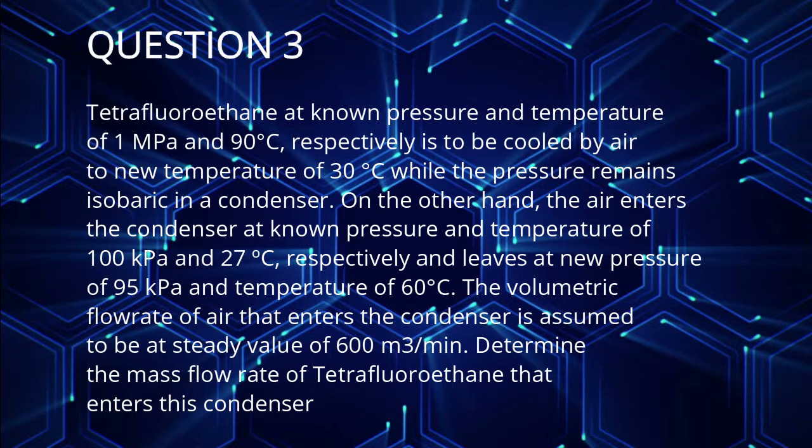On the other hand, the air enters the condenser at known pressure and temperature of 100 kilopascal and 27 degrees C respectively and leaves at a new pressure of 95 kilopascal and temperature of 60 degrees C. The volumetric flow rate of air that enters the condenser is assumed to be at a steady value of 600 meter cube per minute. Determine the mass flow rate of tetrafluoroethane that enters this condenser.